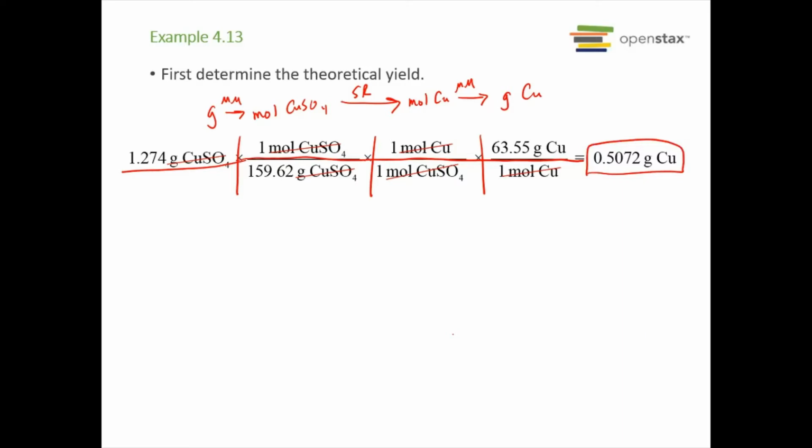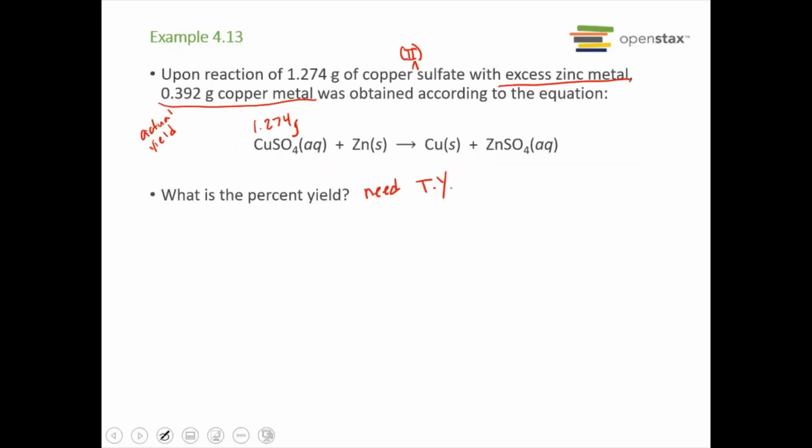We are not done yet, though. This is the theoretical yield. This is how much theoretically you could make in a perfect world. But remember, we were told that we actually made 0.392 grams of copper.